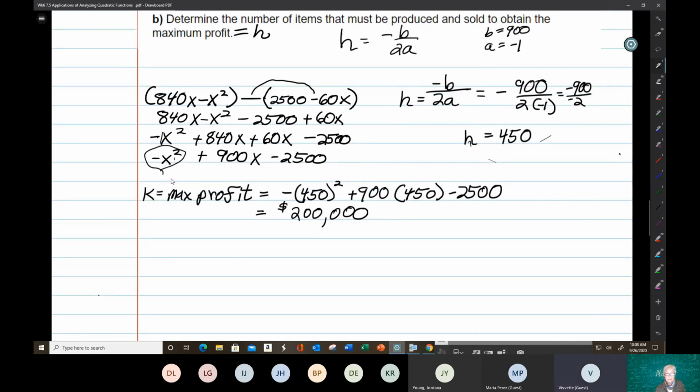I'm still not getting it. I'm sorry. One more time. A is the number in front of the x squared. Right. And that's negative 1. That's where the negative 1 comes from. Oh, okay. I'm sorry. Okay, got it. Terrific. Okay.